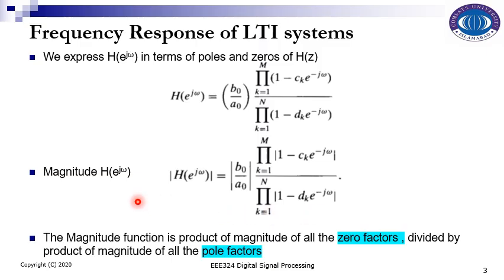So instead of having the frequency response as a polynomial in e^jω, we can have it in this factorized form, and it becomes more convenient to have it in this form.